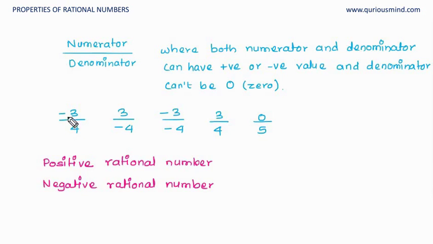So if you see here, minus 3 upon 4 is a negative rational number. Or 3 upon minus 4 is also a negative rational number. Whereas 3 upon 4 is positive rational number. What about 0 upon 5? 0 is neither positive nor negative.